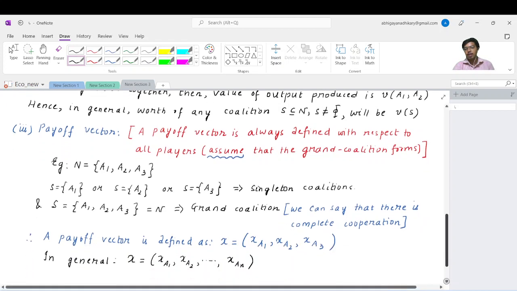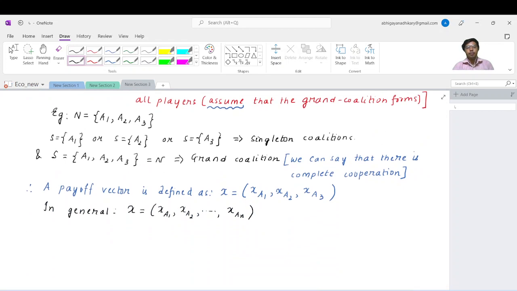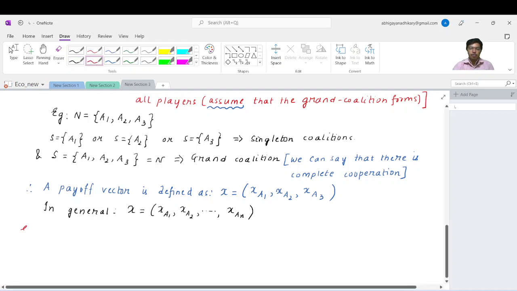Now let me have a look at this example in a more exhaustive manner. Let me write this once more. A1, A2, A3. What are the possible subsets? Singleton players first.